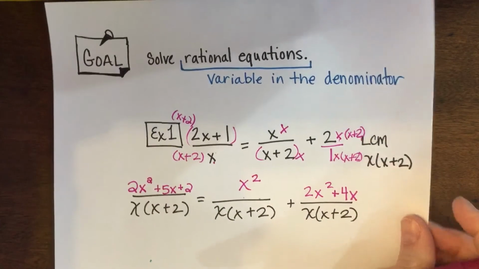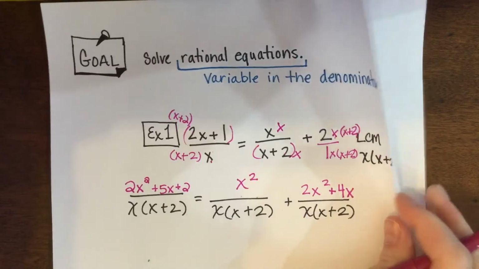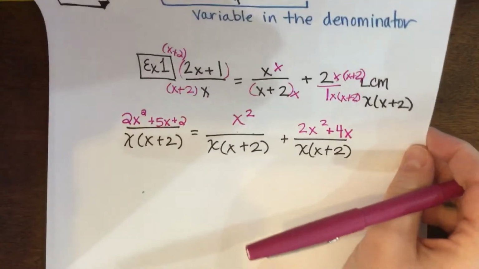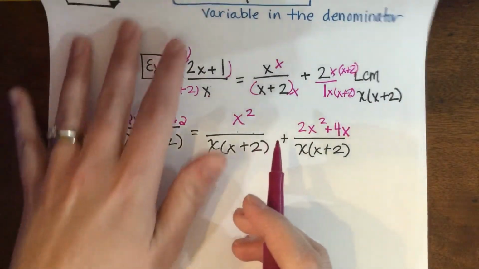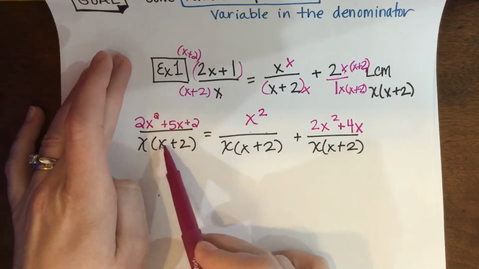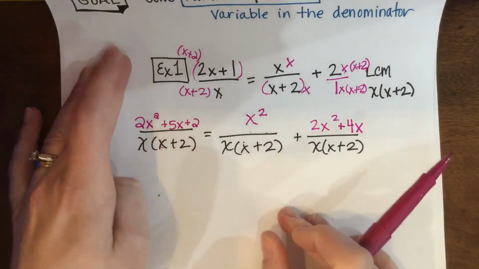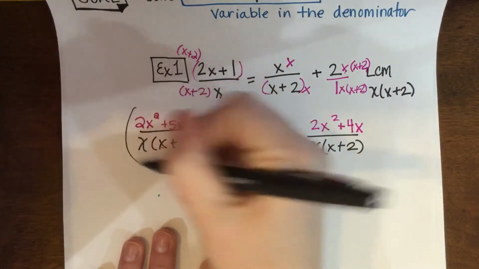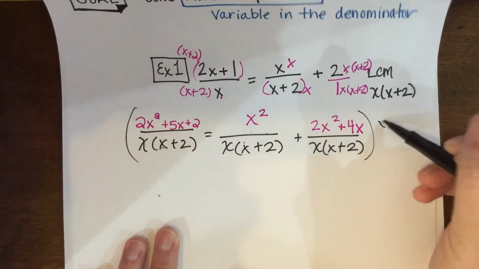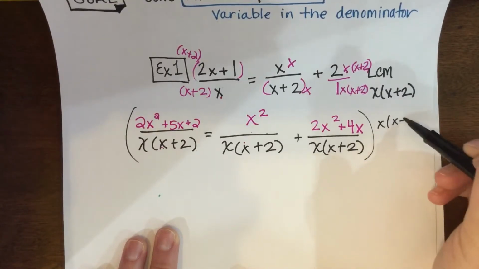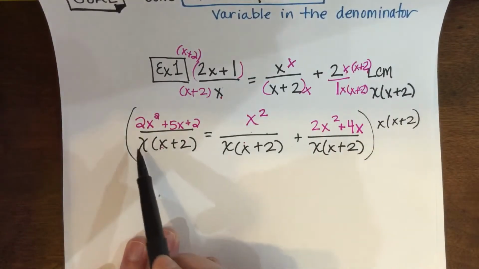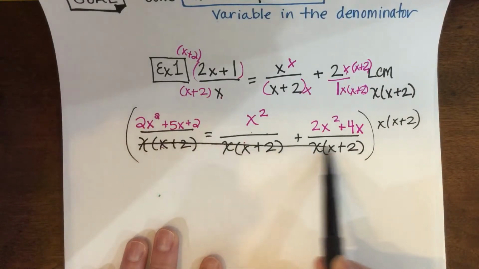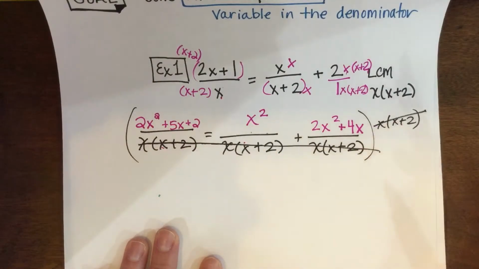Now, once I have that done, what you'll see is every single term here has x times x plus 2. So what I'm going to do now, and I don't normally write this step, is multiply this entire equation by x times x plus 2. What's going to happen is all of these denominators are going to cancel out.